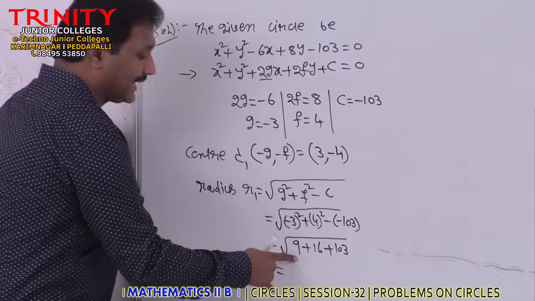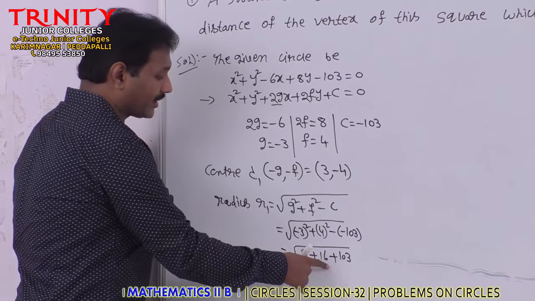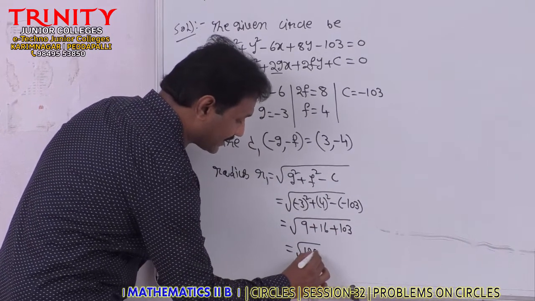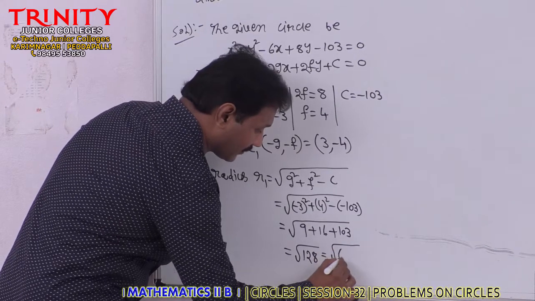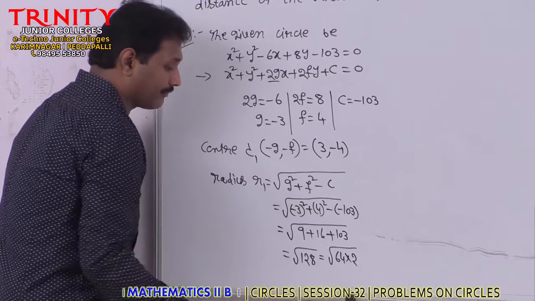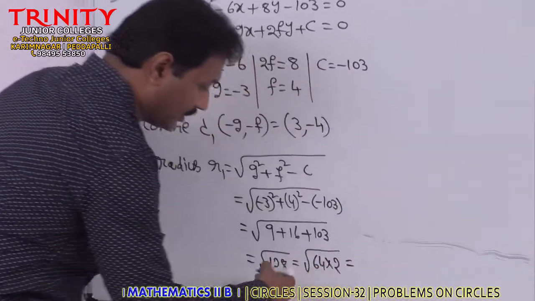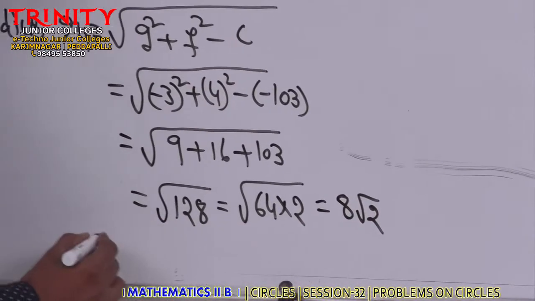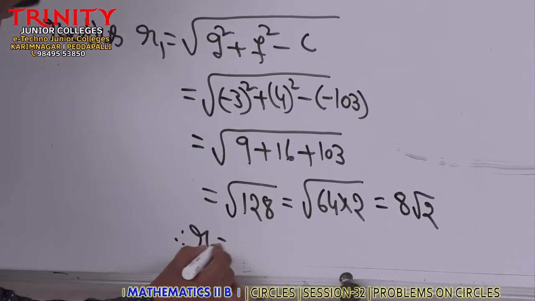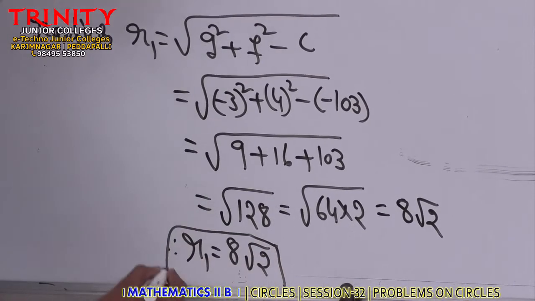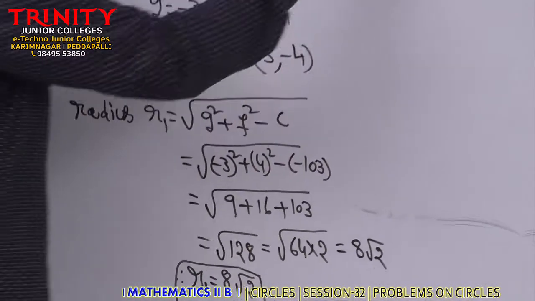That equal to 9 plus 16, 25, 25 plus 103, that equal to root 128, which is nothing but square root of 64 into 2. 128 is the product of 64 into 2. 64 comes outside as 8 root 2. Therefore, r1 equal to 8 root 2. This is the radius of the circle. This is the center of the circle.